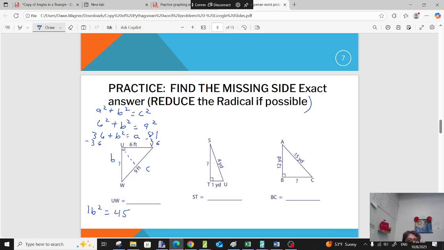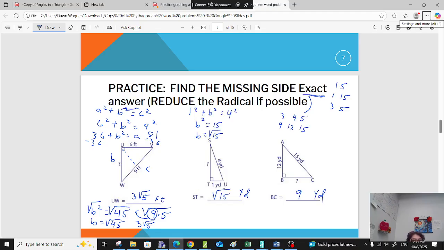And now I need to find the square root. B equals the square root of 45. Well, what perfect square goes into 45? 9. So 9 times 5, and 9 is the largest perfect square. When I take the square root of it, you get 3 square root 5. So this answer here would be 3 square root 5. Okay? Go ahead and do the next two.